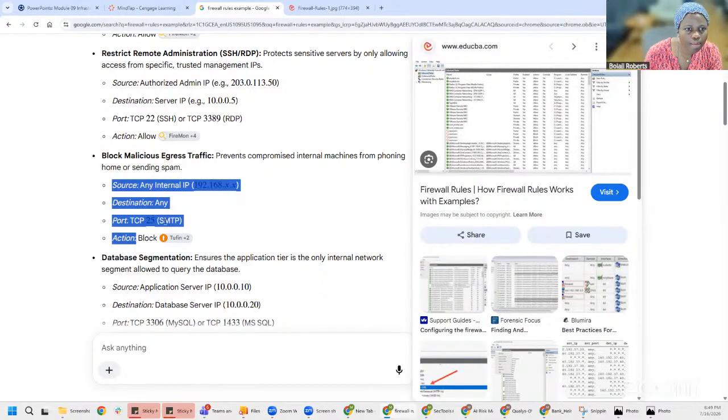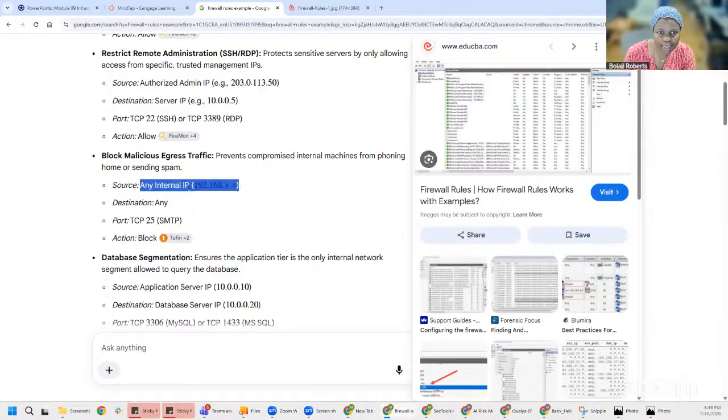Yeah. So this is important because any internal IP should not be a source that is coming from outside. How should an internal IP that is internal to the organization be coming from outside? So the firewall will look at it and say any internal IP that is coming from outside to anywhere on this port, block it.